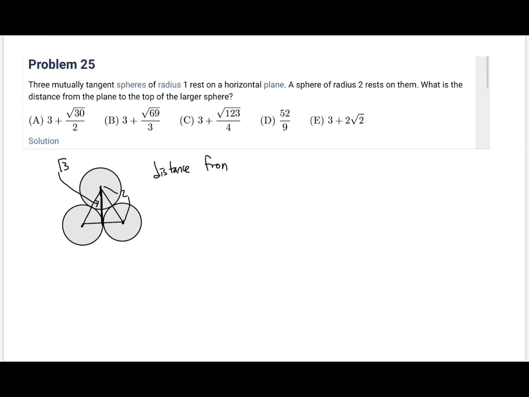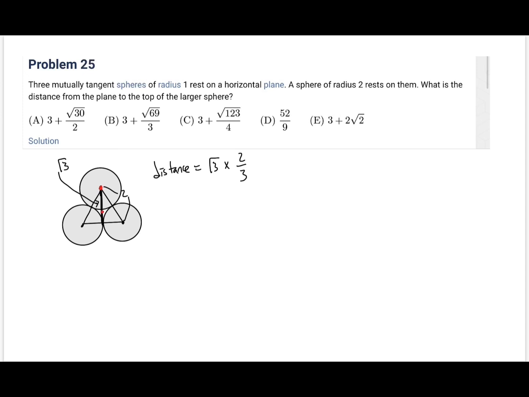But then the distance from the center of the three circles, which will be right here, to the center of one of the circles would be root 3 times 2 over 3. And it's 2 over 3 because in this triangle, let's put an equilateral triangle right here, so it's an equilateral triangle, right?